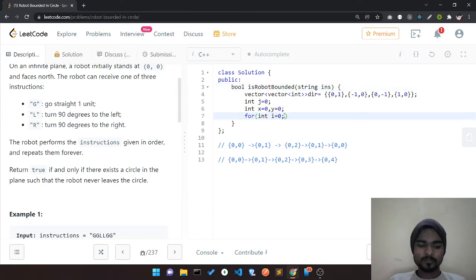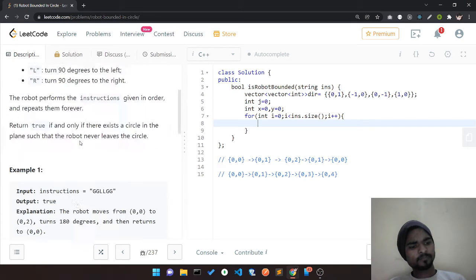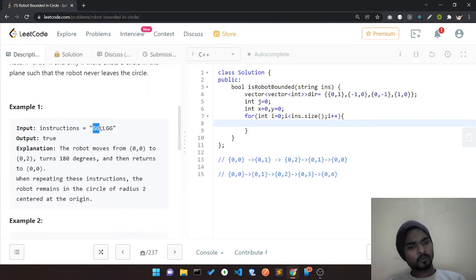So it makes some sense. I'll iterate over this string and execute what will happen.